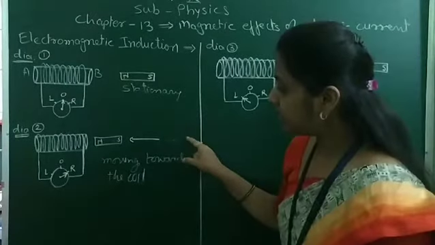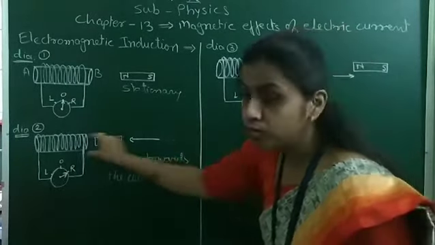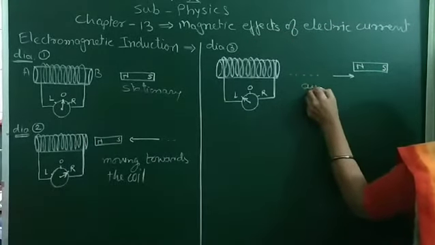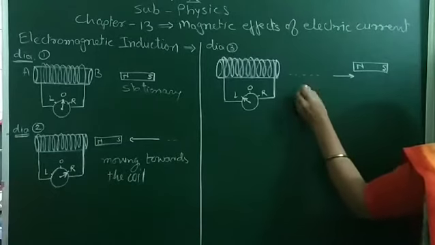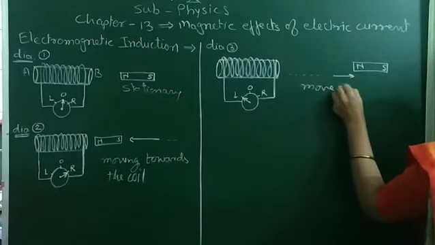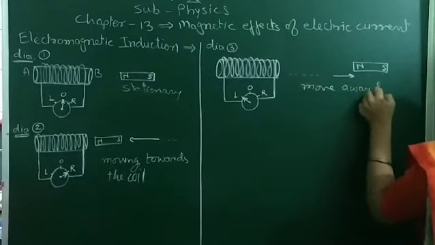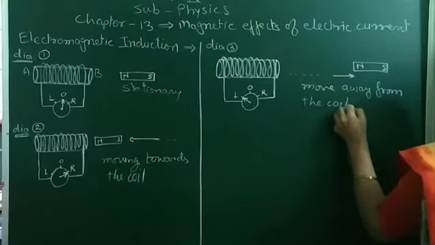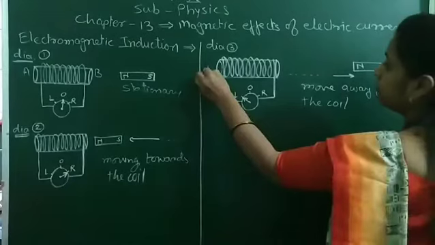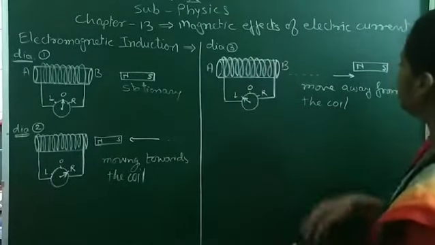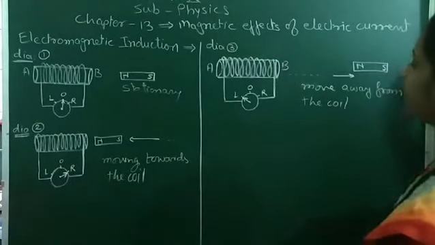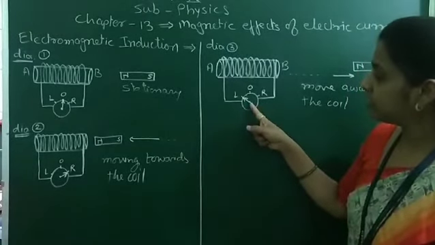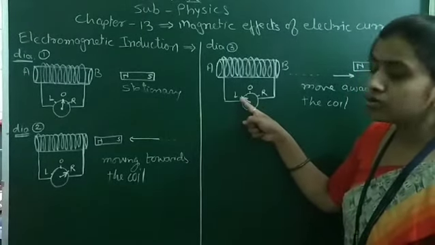In the second diagram, the bar magnet moved towards the coil. Now we move the bar magnet away from the coil. Whenever the bar magnet moves away from the coil, how does the galvanometer show deflection? The needle in the galvanometer deflects towards left.